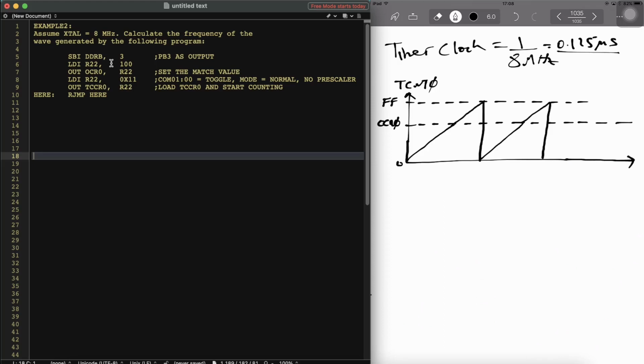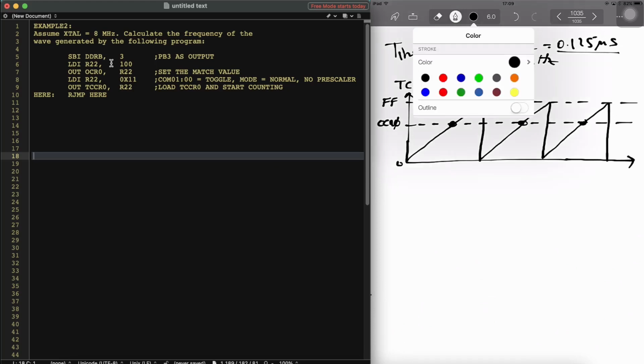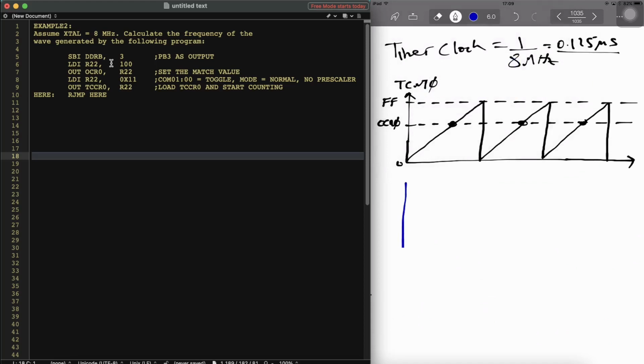So if we do it this way, it will go down, up, and then down. These are the points that we are going to investigate. Now, how are we going to do that? I want to assign those, but at the same time, I want to draw the OC0 pin, where this is going to be extended as well.